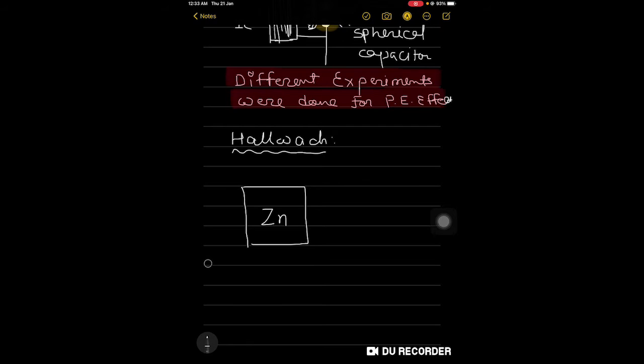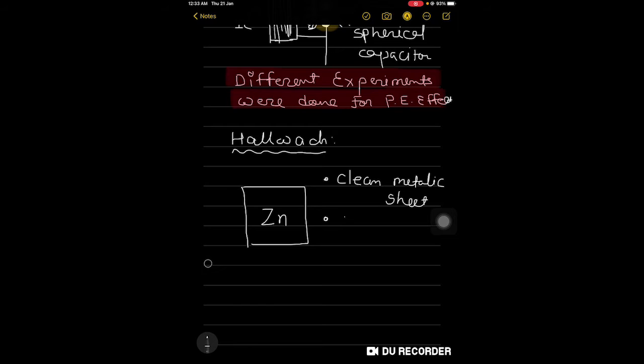Now for the photoelectric effect we need three basic things. One, a clean metallic sheet. So this is one clean metallic sheet.